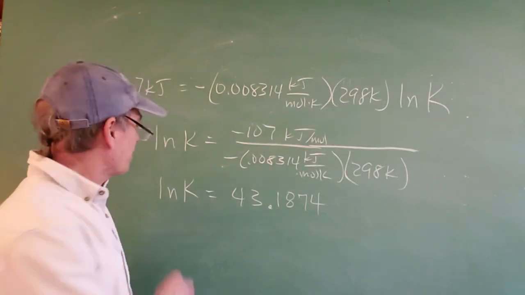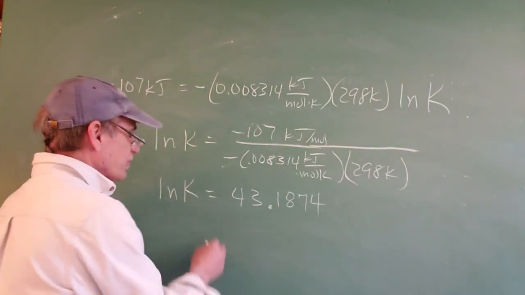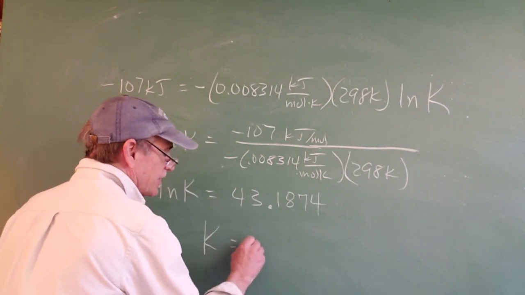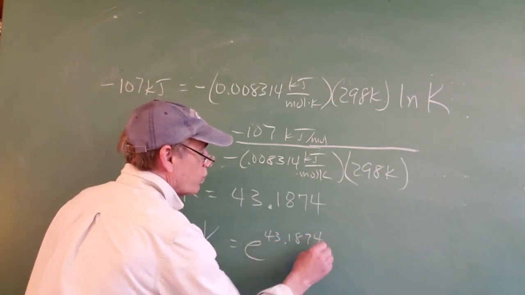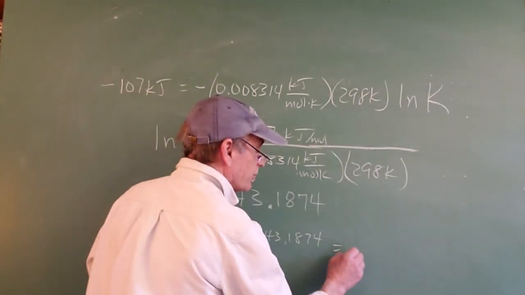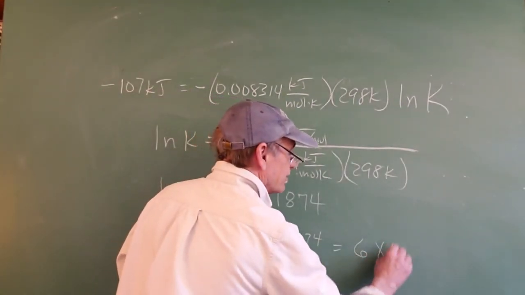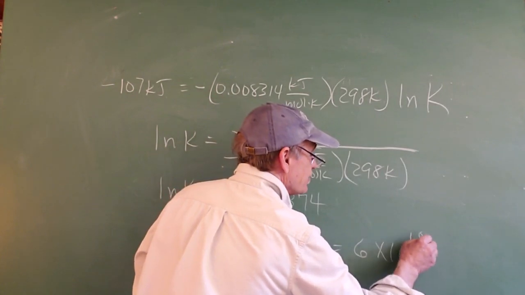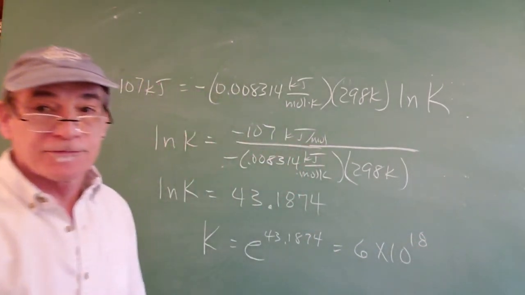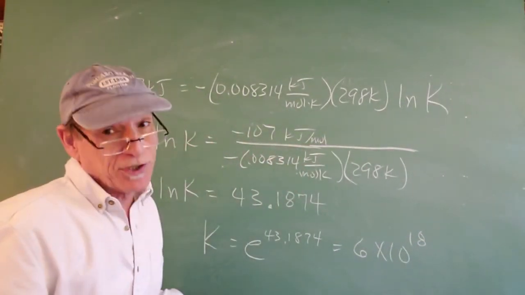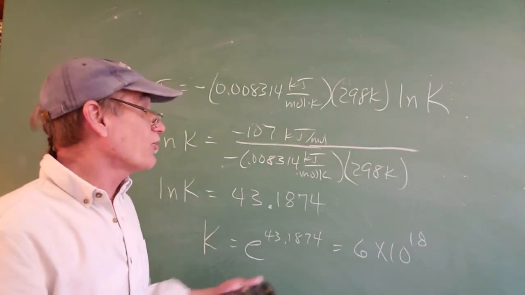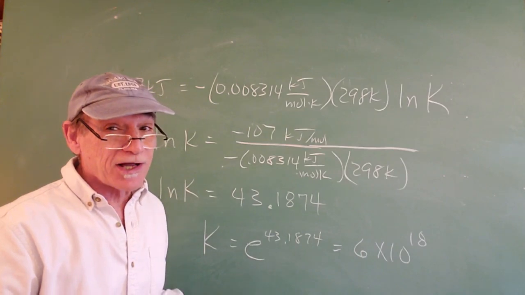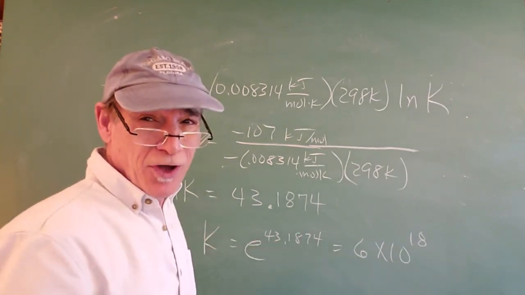I always do this when I'm going to take an inverse log, because now the K value is going to be e to the 43.1874. This turns out to be approximately 6 times 10 to the 18th power. So it appears, again, that this very negative delta G corresponds with a very large equilibrium constant, which would definitely favor the products.